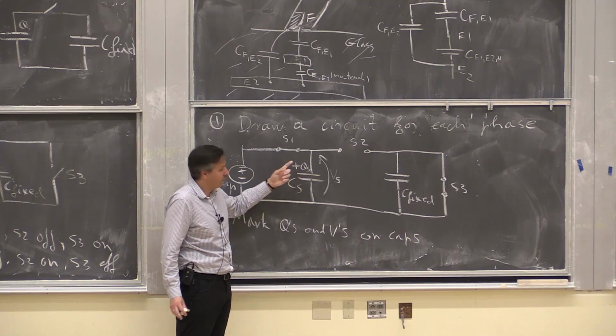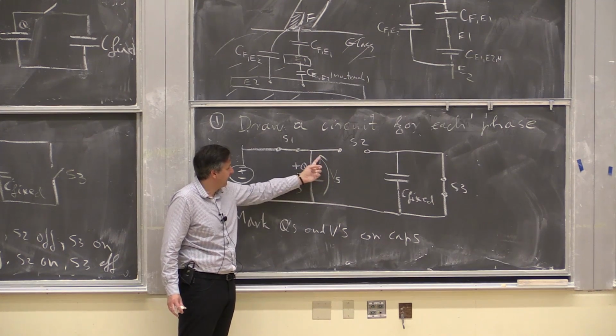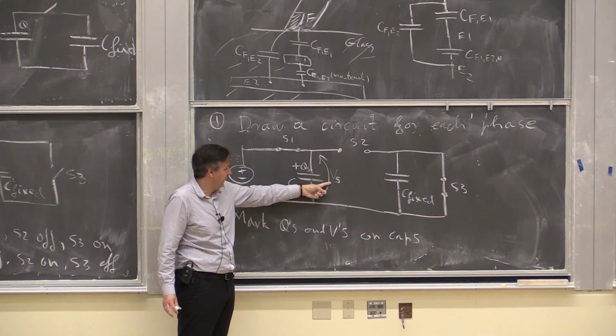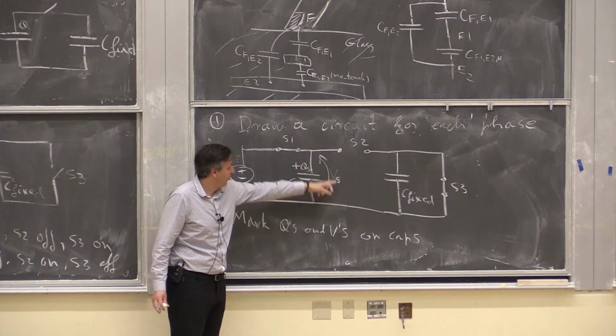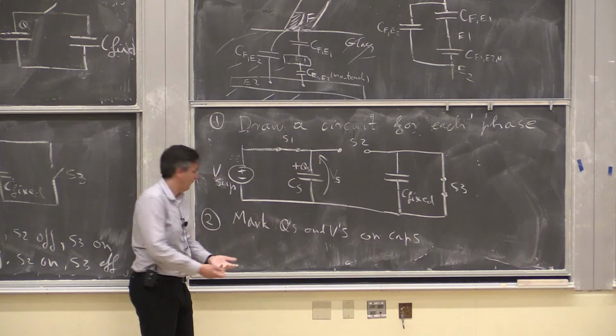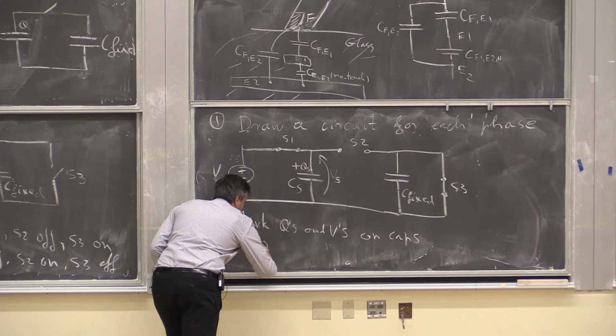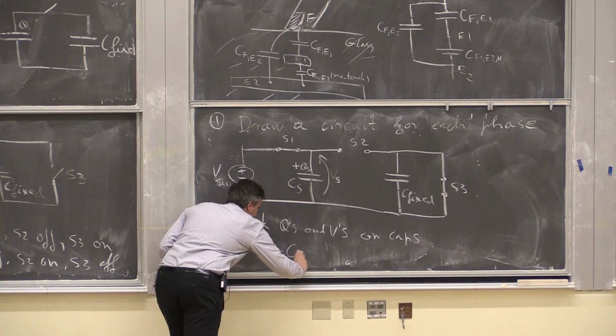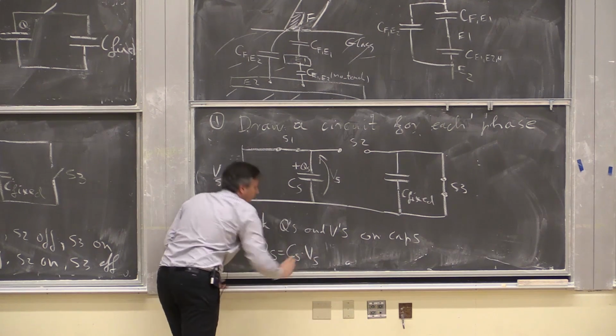So here we mark the top plate QS, and then again, the voltage that's pointed to that plate is VS. And now for this one, we can write out that QS equals CS times VS. Right.